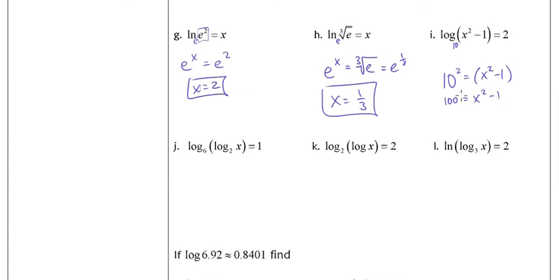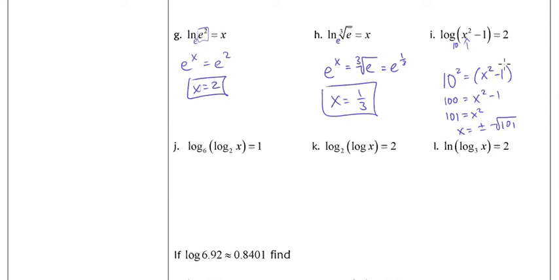We would add 1 to both sides to get 101 is equal to x squared. Take the square root of each side, and we get x equals positive or negative the square root of 101. Now, this positive or negative here isn't a base, that's just the x value, so it's okay to have a negative here.